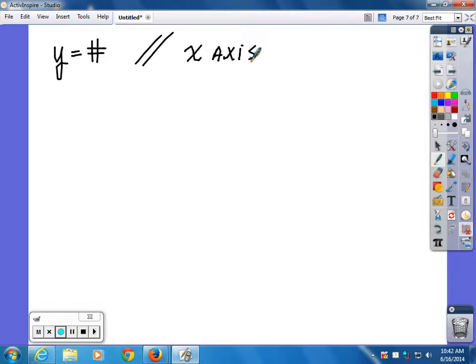If you have a line that's parallel to the x-axis, what kind of line is it? Good. That's a horizontal line. And the slope is equal to 0.